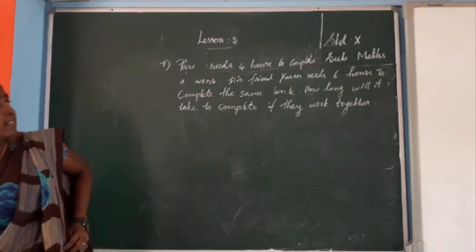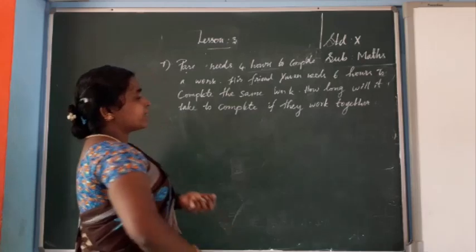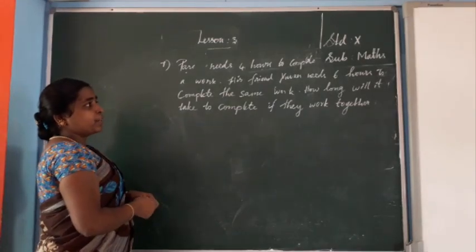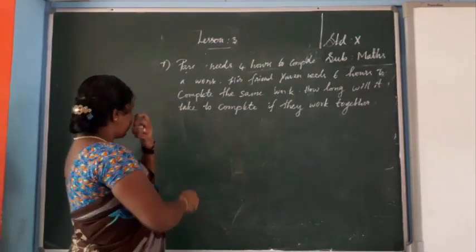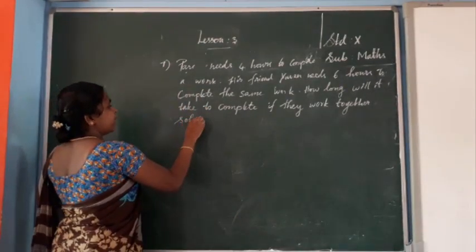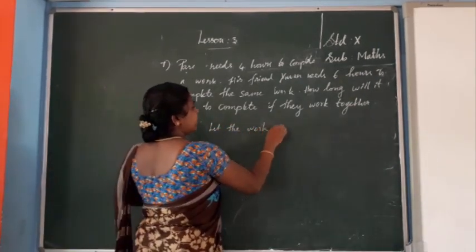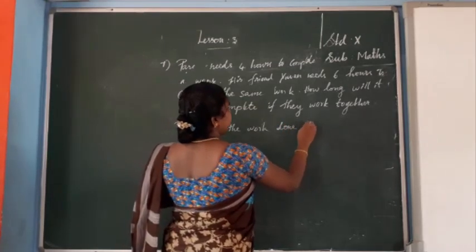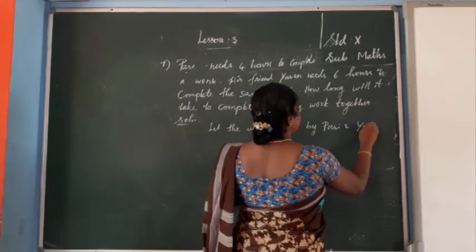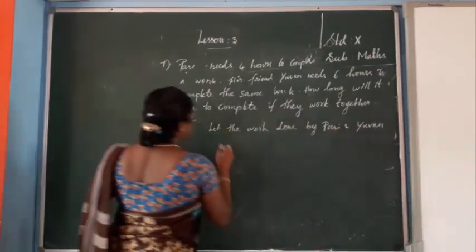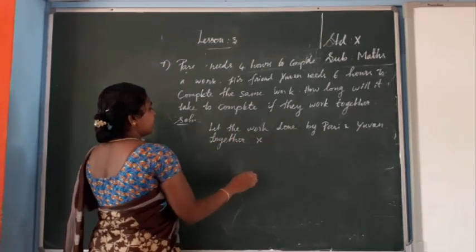Separately, Harry is taking 4 hours and Yuvan is taking 6 hours. If they are working together, how much time will they take, how long, they are asking. First you have to write, let the work done by Harry and Yuvan together be X hours.